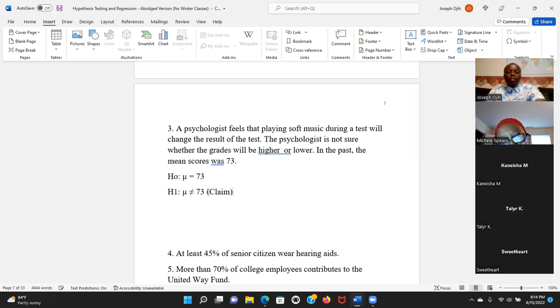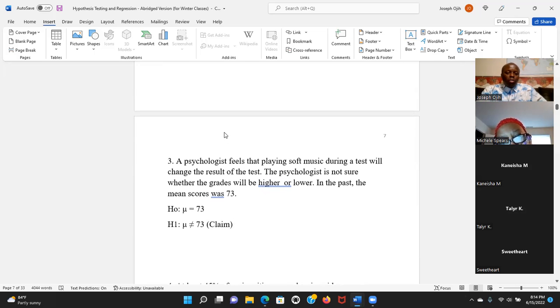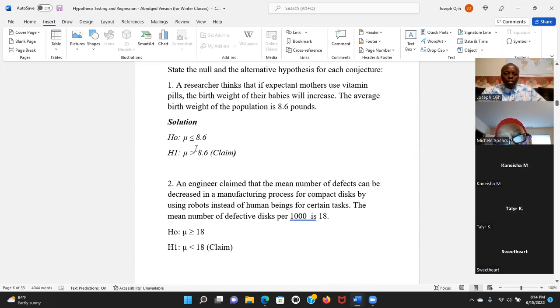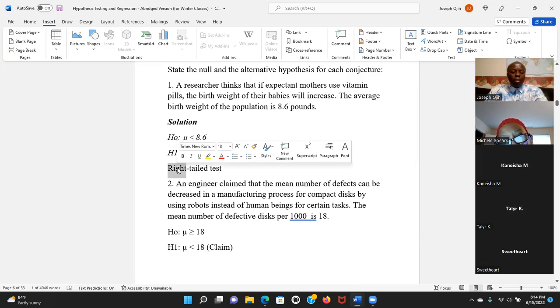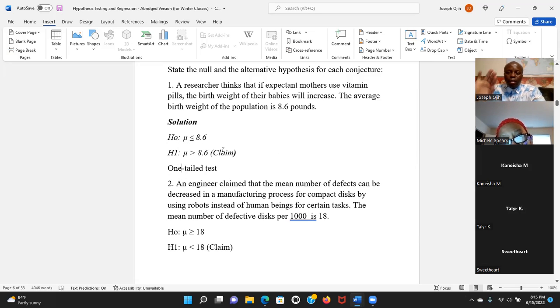Now, I want to tell you something more. Whenever the claim is greater than, we call it a right-tailed test. Let's call it a one-tailed test for now, because it's increasing, going to one side, right?